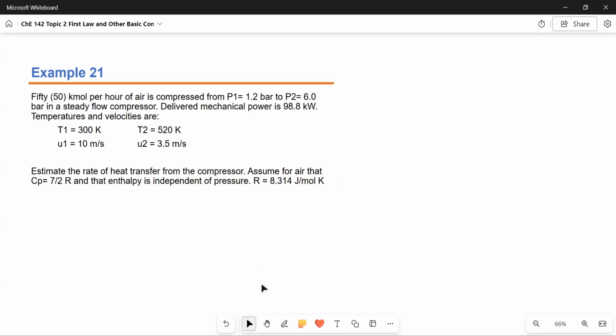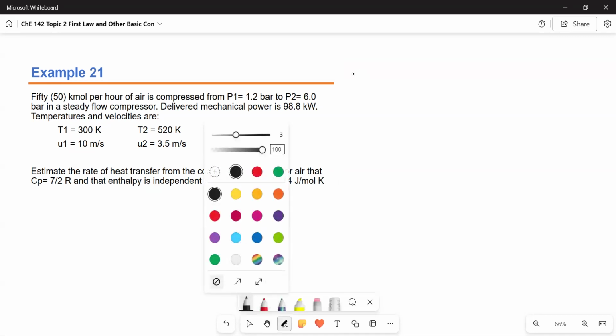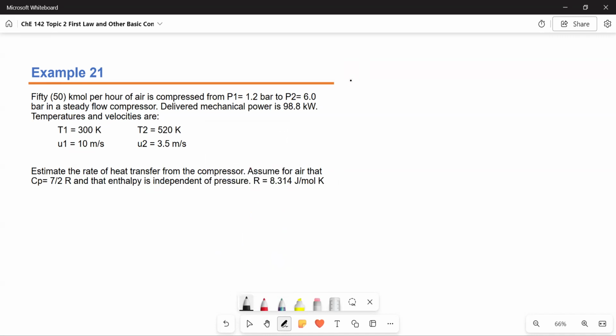R is also given. Okay, so let's begin by drawing the problem. A compressor. Okay, so this is our compressor.